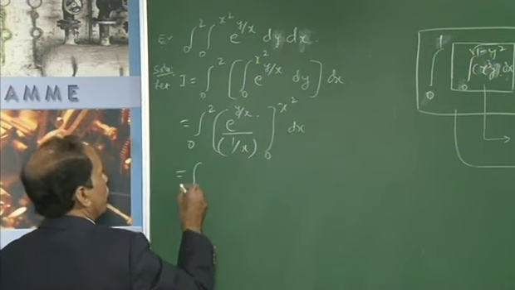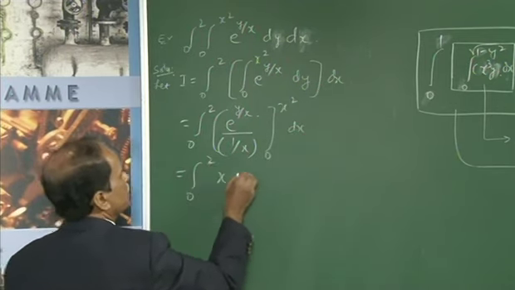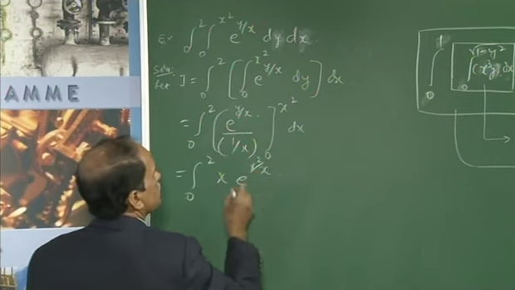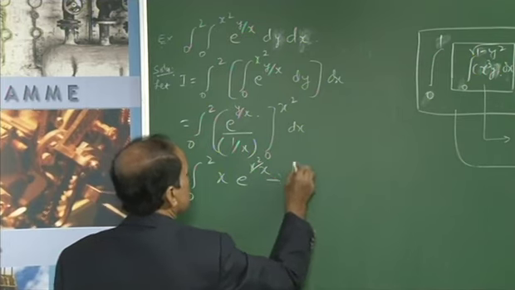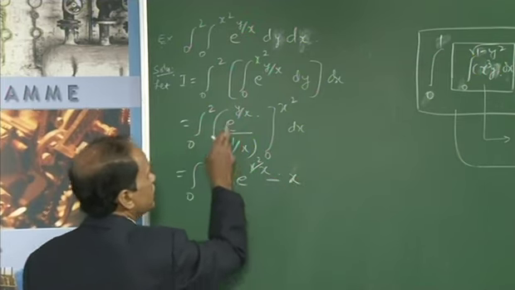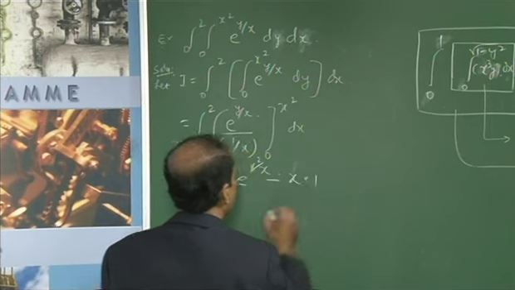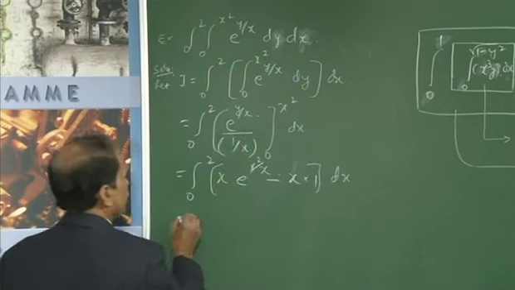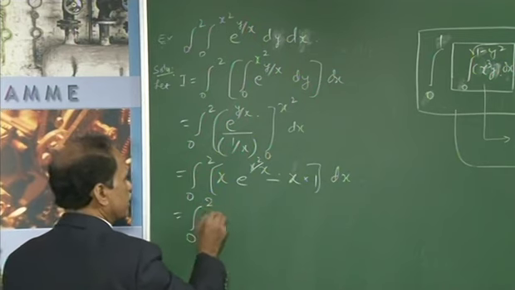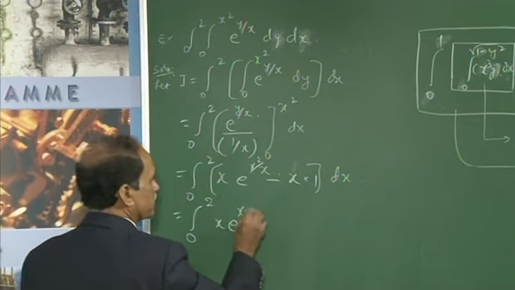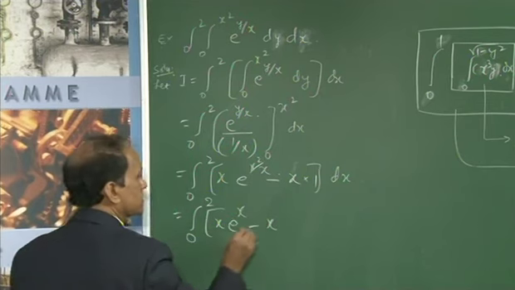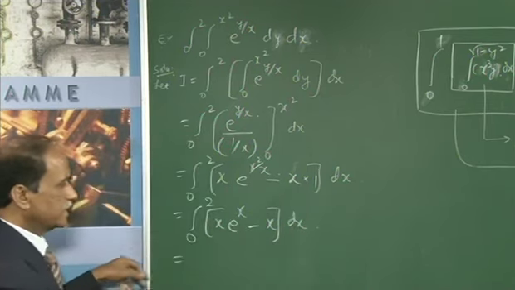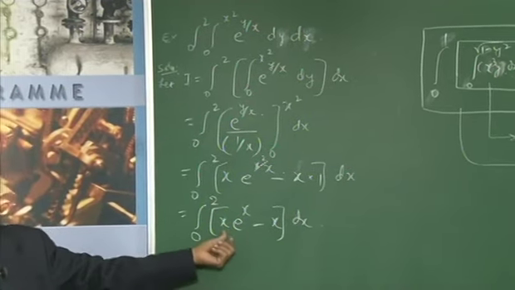Apply the limits. 0 to 2, x into this is x square by x, and minus, that is also x multiplied by e to the power 0 is 1, that is 1. Therefore, it is dx. Now you are finally left with x into e to the power x minus x, and it is dx. Now you integrate the first term by integration by parts.